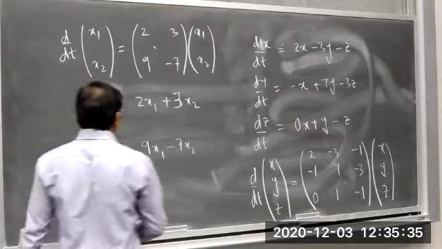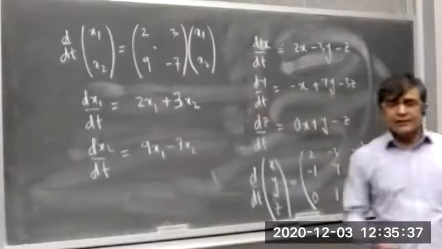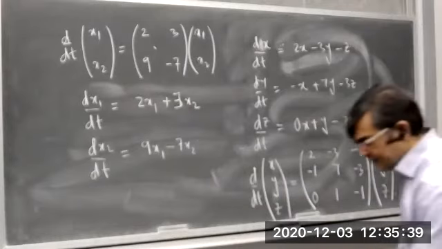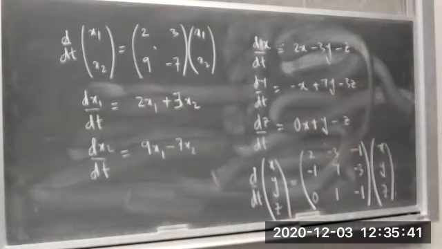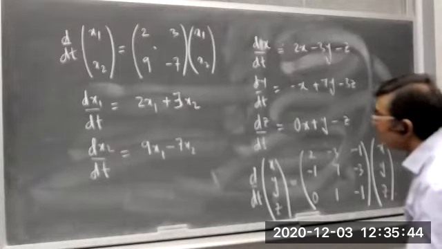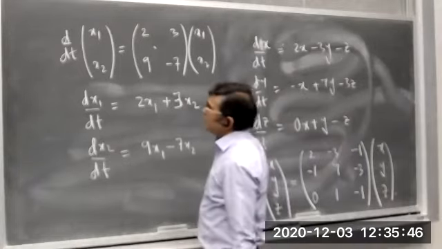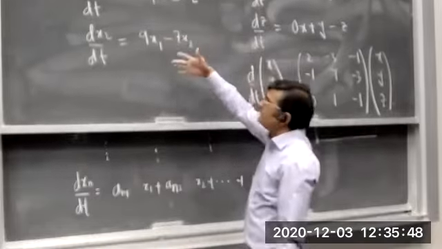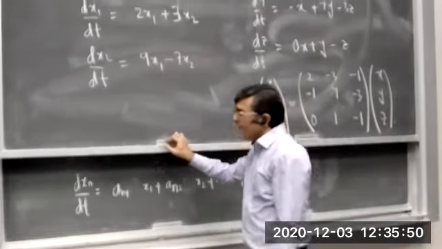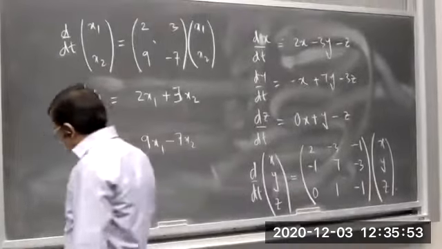What is now the solution of this system of first order ODEs, which is homogeneous with constant coefficients, obviously? Now, what is the solution of this system? Obviously, the solution is a vector.